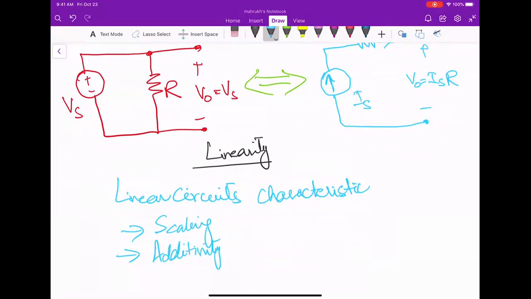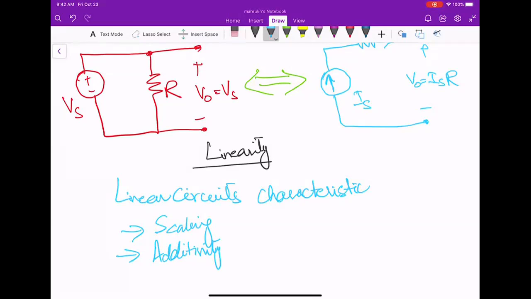So what is scaling? Scaling is like if you multiply one voltage by 2, the other voltage will automatically be multiplied by 2 because it's a linear circuit, right? And similarly, additivity is that if you want to add two currents, two sources, they will be equal to their equivalent. They will be equal to the sum of the currents or voltages.